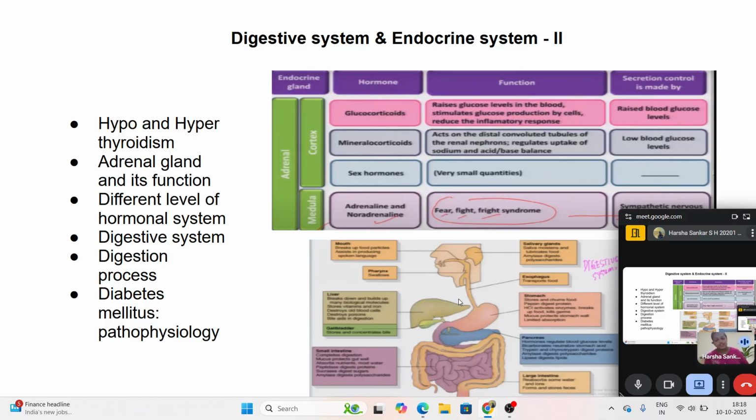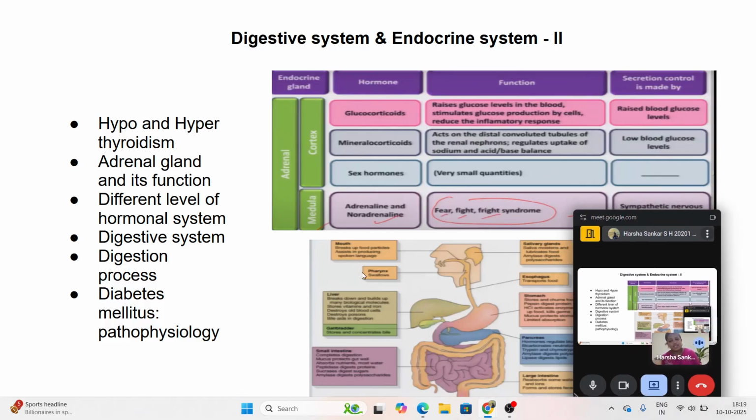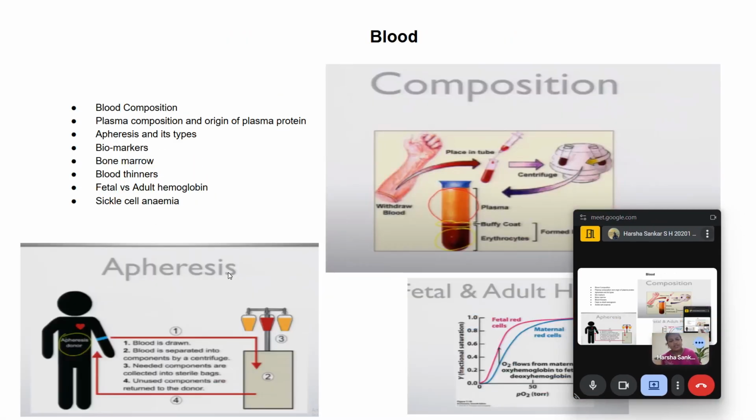Insulin resistance is one of the leading causes of type 2 diabetes. It's a pre-diabetic condition, where insulin is not working or not produced. It can occur as a result of lifestyle changes. So that is about diabetes mellitus.